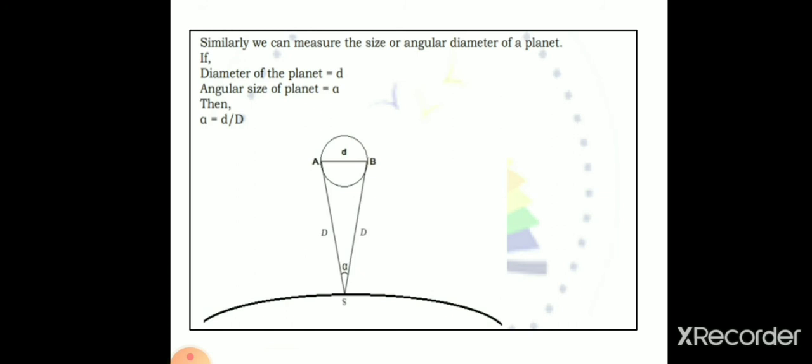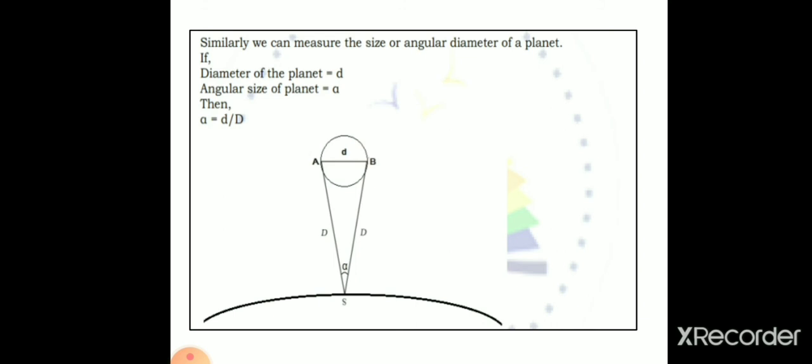Suppose if S is a point of observation on the earth, and let the circle marked in the figure represent a planet, and let AB be the diameter of the planet, and the distance AB is marked by small d, and from the point S we are drawing lines AS and BS. Let alpha be the angle subtended by AS and BS at a point on the earth.